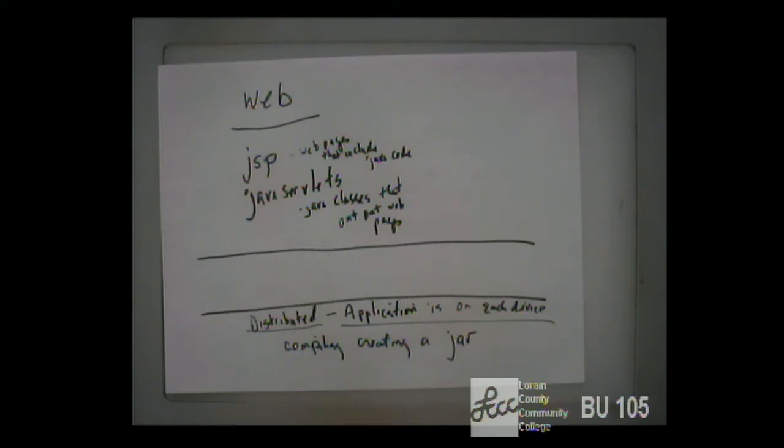No. The Java code is running on the web server. So you do not need Java installed to access a website that uses JSP pages. There's minimal requirements then on the client in a centralized system. In fact, sometimes they call these thin client solutions. In other words, there doesn't have to be much on the client.